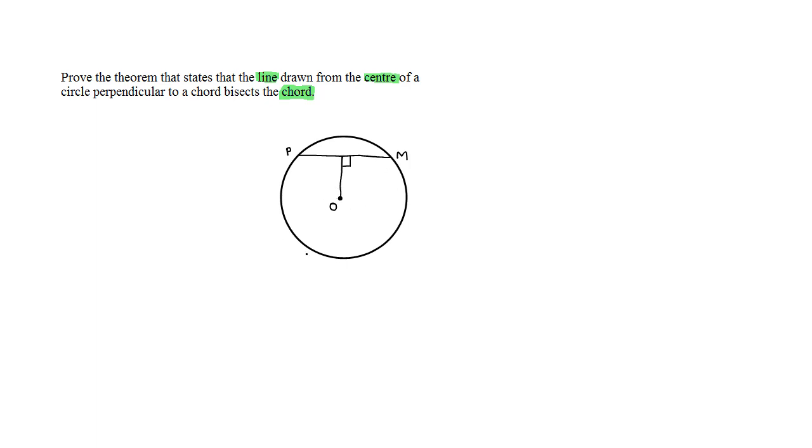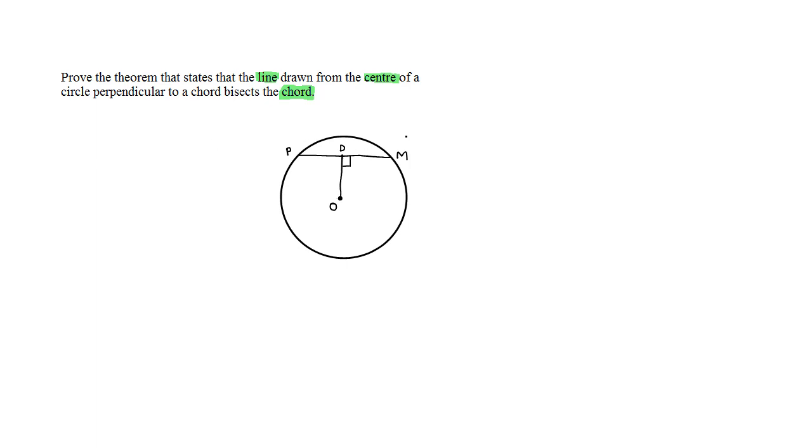Now we've set up the theorem. What we now need to prove is that this line actually bisects this chord, which means that we're going to have to work with this middle point as well. So it needs a label as well. We can call it D.